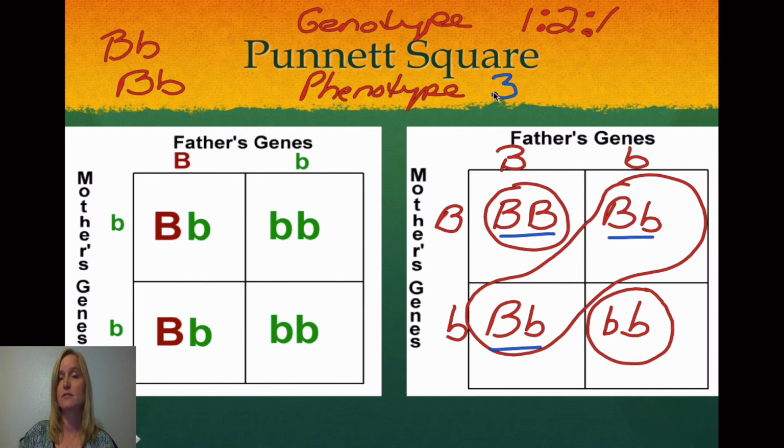And so 3 is the first part of our ratio. We have the recessive trait in 1 box. And so that 1 is going to go there. So our phenotype ratio for a heterozygous times a heterozygous cross is 3 to 1.